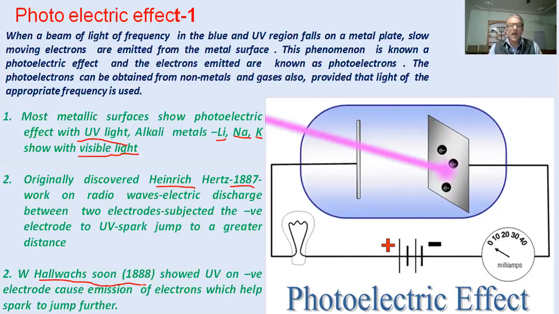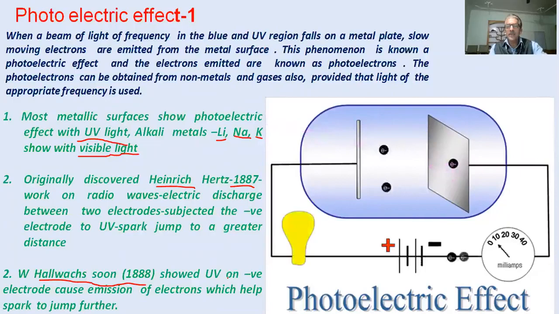further. In this animation, we can see that electrons are emitted when the light falls on the cathode, and these electrons reach the anode and come back to the battery.